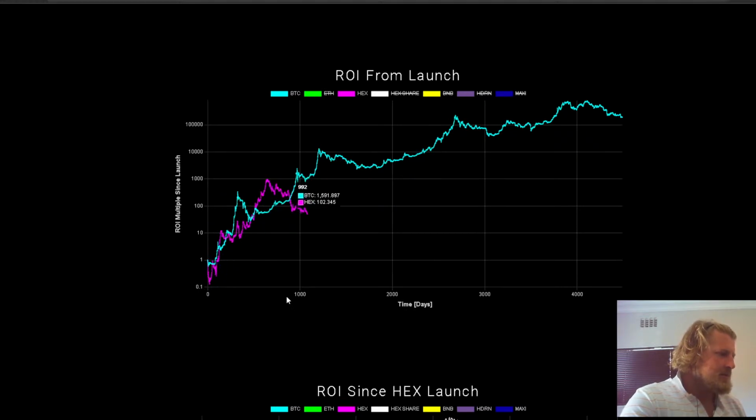So this is just Bitcoin and Hex, right? And we can see in its first cycle, Hex has already outperformed Bitcoin. And I don't know if this is all of the data. It probably is all of the data of Bitcoin's first cycle. And Hex's first cycle, we've practically outperformed, right?